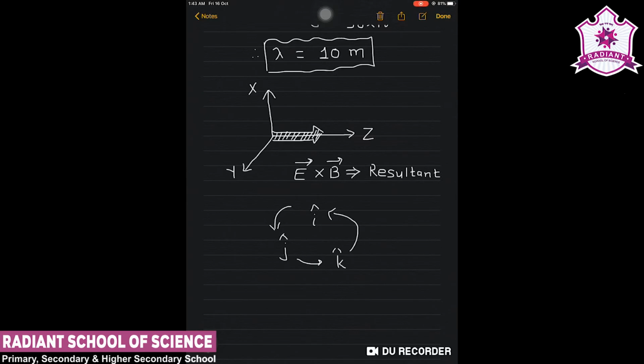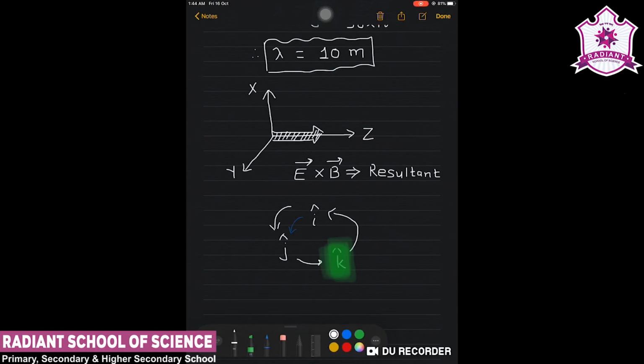Here it is given that the resultant wave is in the k direction, that is the z direction, so obviously it will be the multiplication of i cross j.